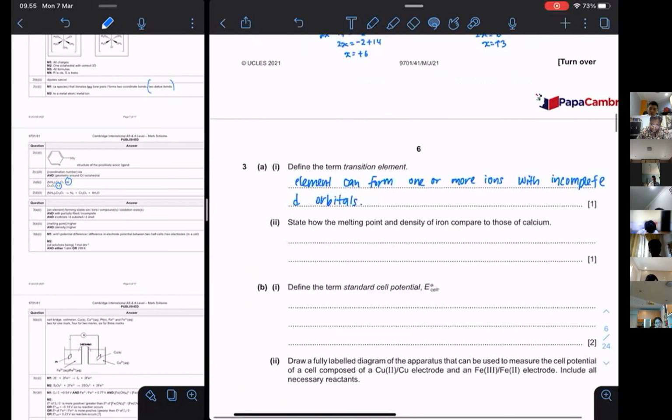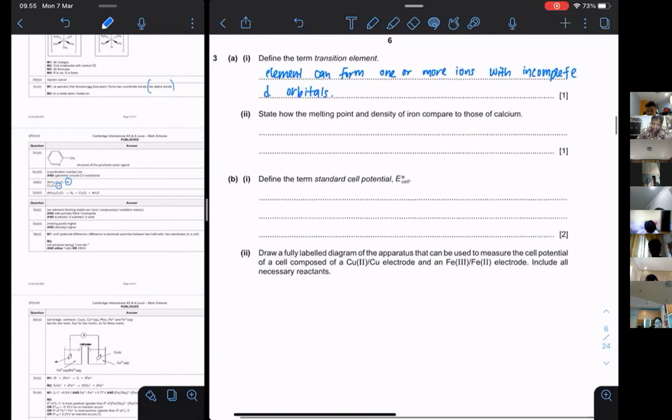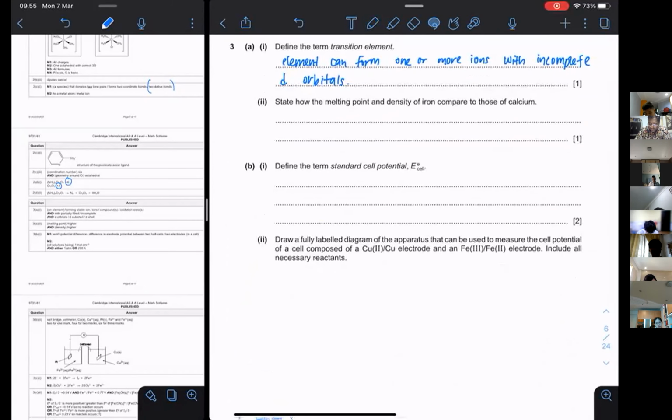Now, state how the melting point and the density of iron compare to calcium. Iron is a transition metal, and calcium is group 2. If you look at the periodic table, I'll tell you the position of Fe.